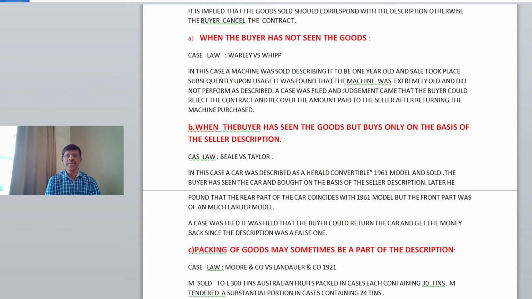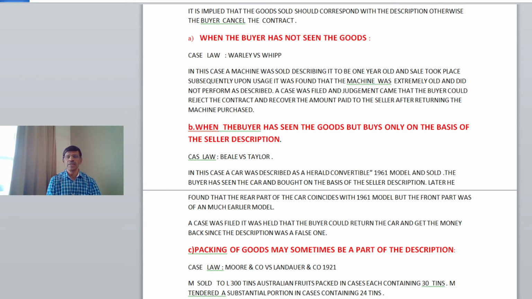The buyer has seen the car and bought on the basis of the seller's description. He believed the description given by the seller. Later, he found that the rear part of the car coincides with the 1961 model, but the front part was of a much earlier model. So, therefore, a case was filed.